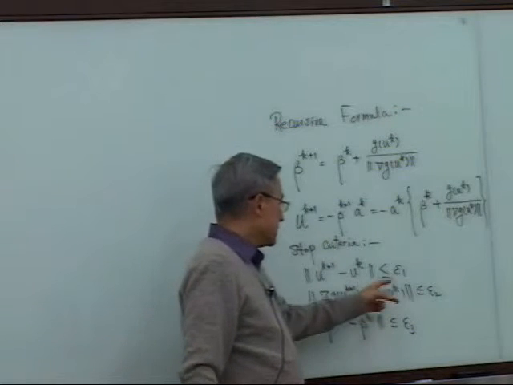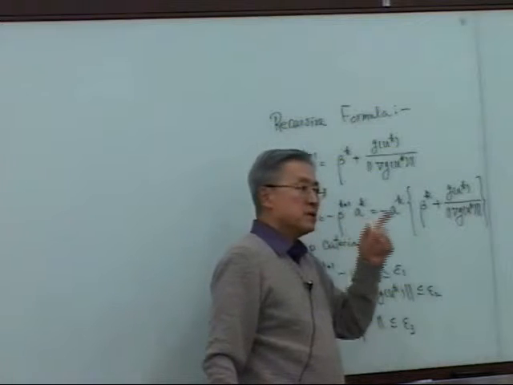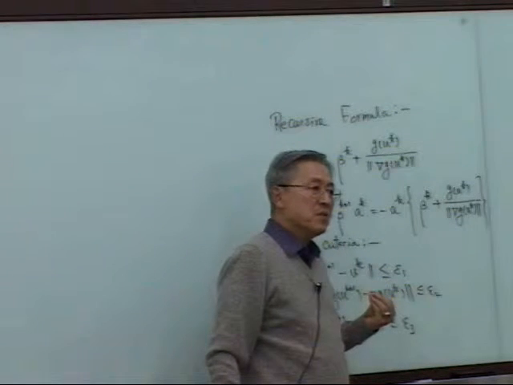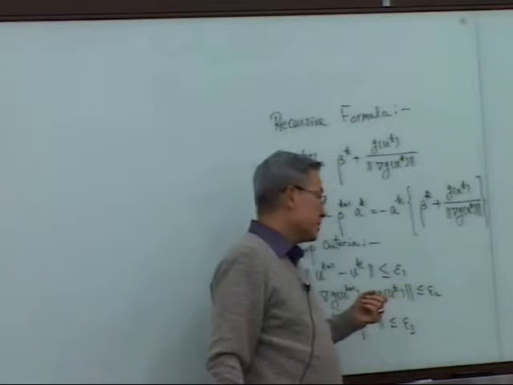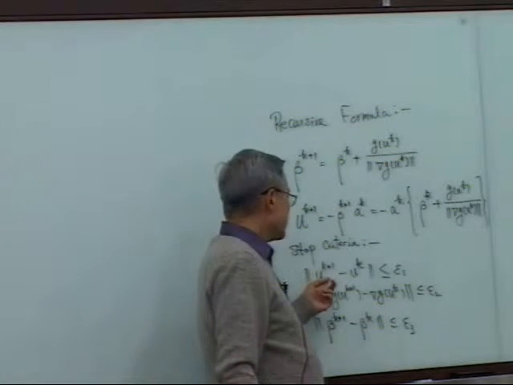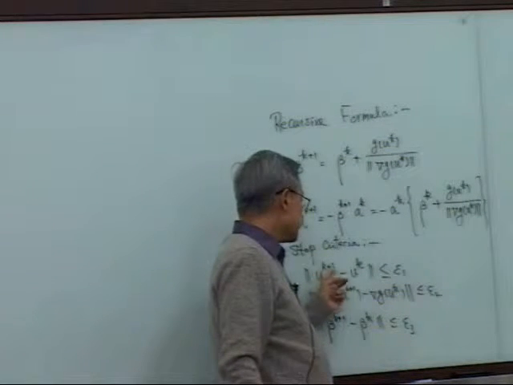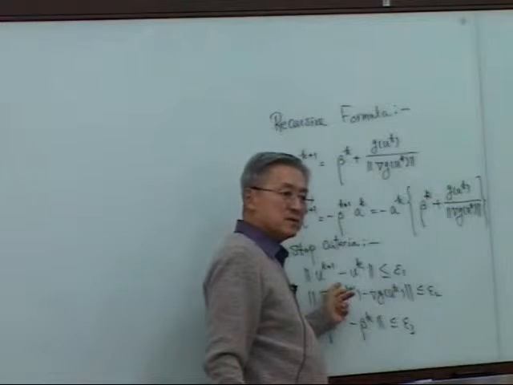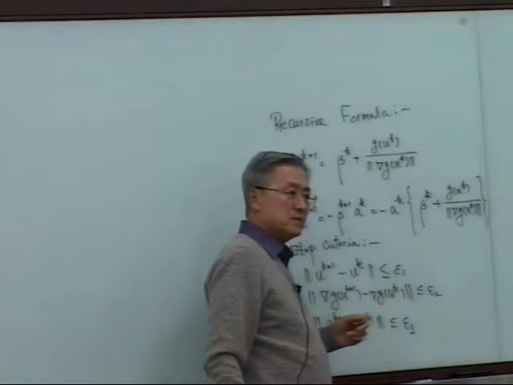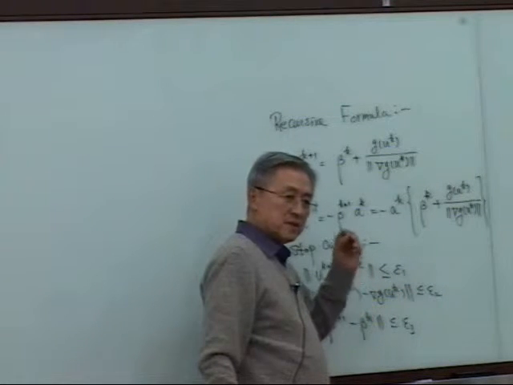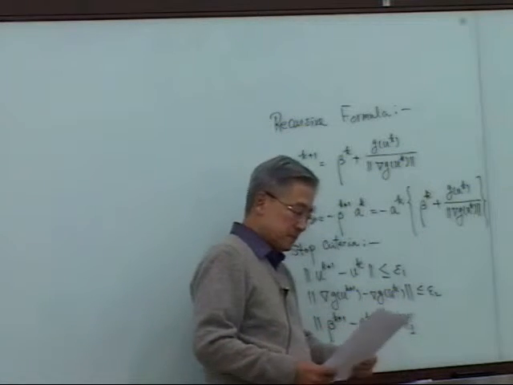Then you can stop. Epsilon 1, 2, 3, you can pick a very small number. Or there are different ways: you can normalize this, U k plus 1 minus U k divided by U k. Then you can assign a value epsilon, saying this is small enough, then stop, and vice versa.